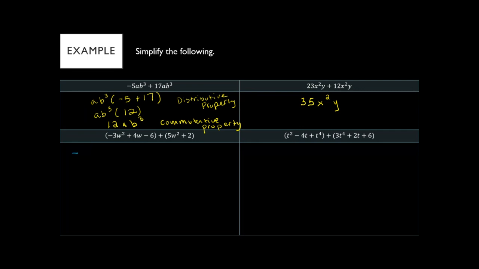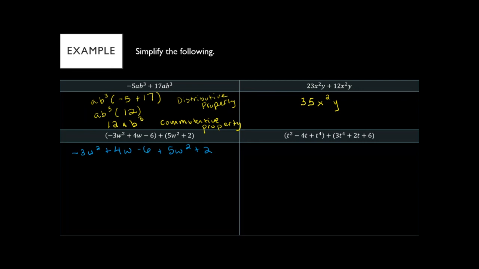But this is no different than if I wrote it without the parentheses and just completely ignored them and had something like this that you were simplifying. So they're only there for show. They're not actually necessary. So when you're doing a problem like this, you need to figure out what your like terms are so you can combine them together.